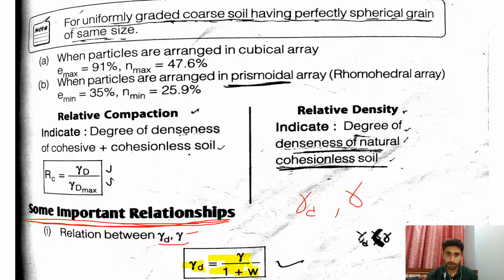What is w? It is water content. You do some test and get the value of bulk unit weight, then you find the dry unit weight by using this formula. This formula is very important when you do the standard Proctor or modified Proctor test, or many other tests also, but especially the standard or modified Proctor test.